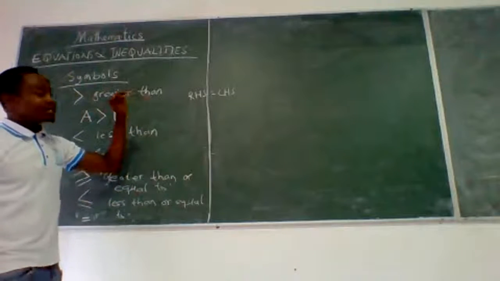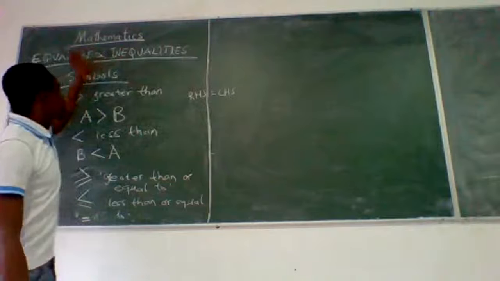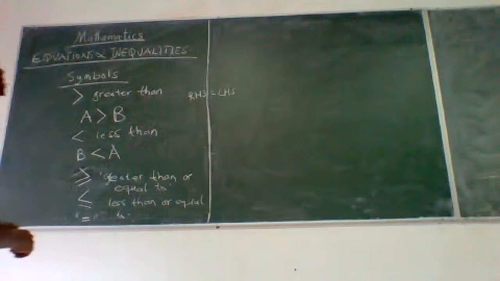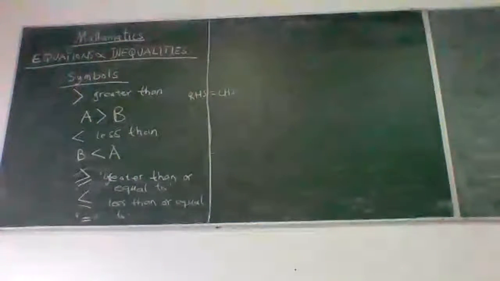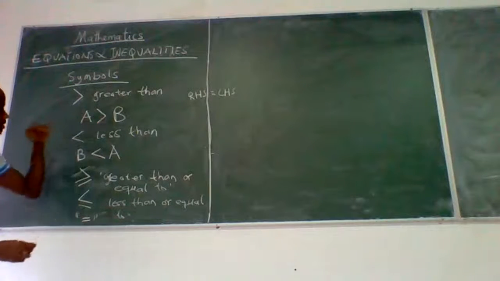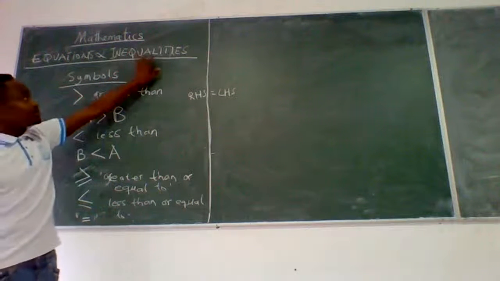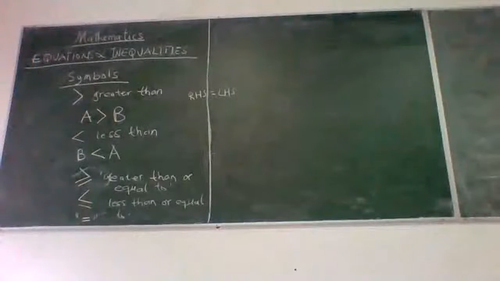When you have something like that, we are talking about an equation. But when you have two mathematical expressions related by greater than, less than, greater than or equal to, or less than or equal to, then we move to inequality.